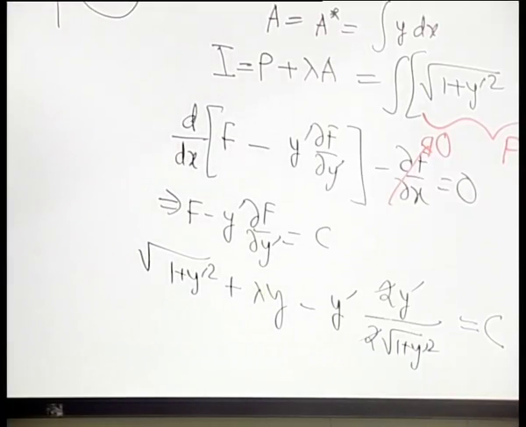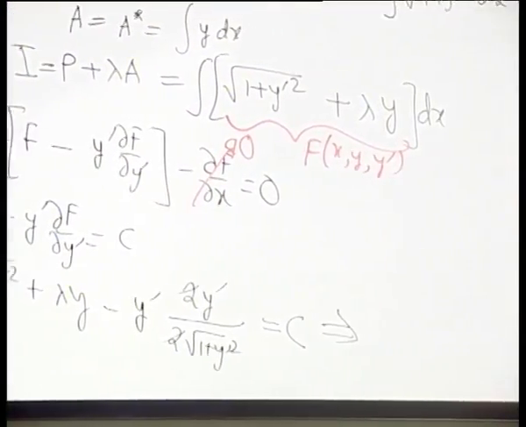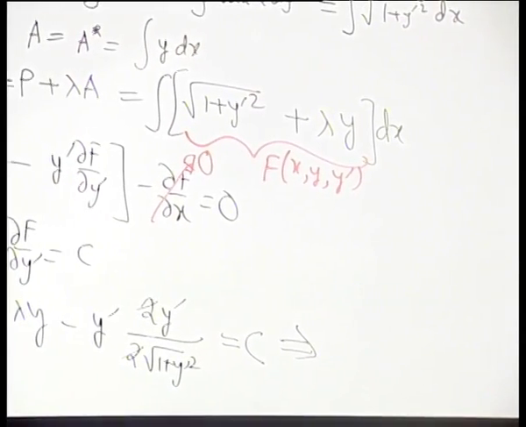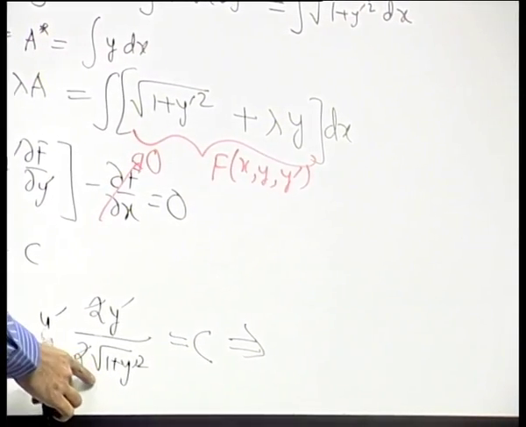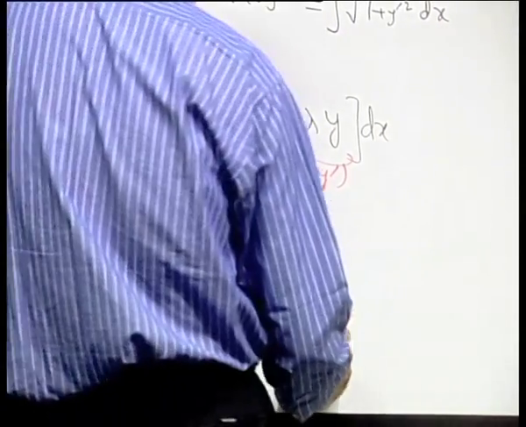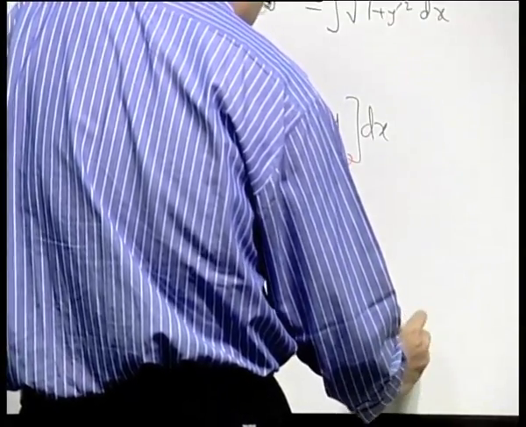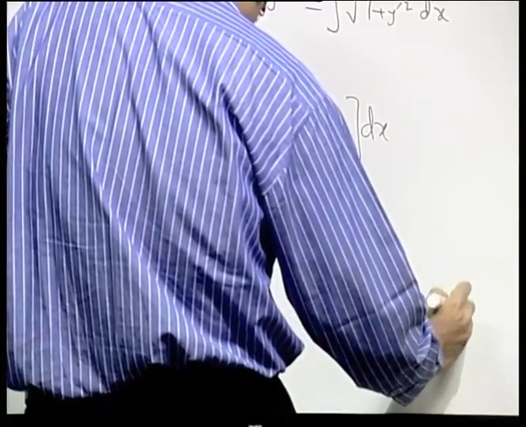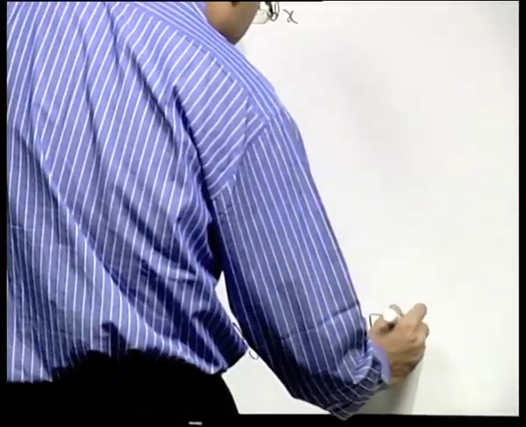This is all right. So, we can simplify it by multiplying both the sides by square root of 1 plus y prime square, so it will become 1 plus y prime square plus lambda y minus y prime square is equal to c into square root of 1 plus y prime square.